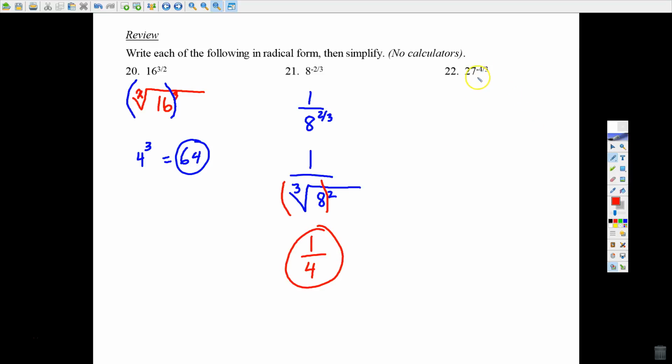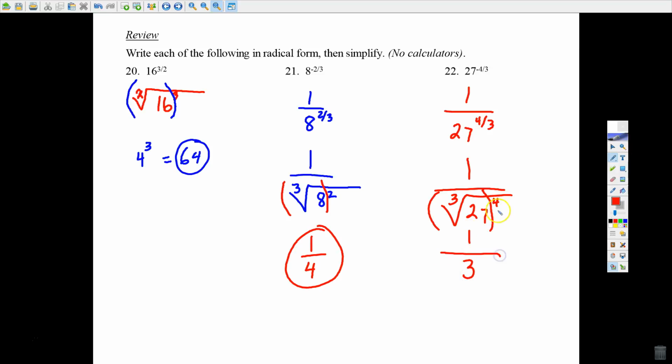Okay, same thing here, negative exponents. So I'm going to change this to 1 over 27 to the positive 4/3. In radical form, this is going to be the cube root of 27 to the 4th power. Taking the cube root of 27, I get 3 to the 4th power, and that's 1 over 81.